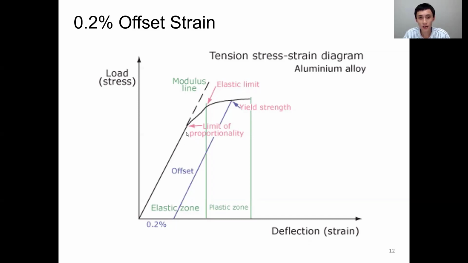So whatever strain you have, you just add another 0.002 to it, so the line is shifted to the right. By doing this, there's going to be an intersection point, and we call this point the yield point instead of here as the theoretical value. So this is the 0.2% offset strain.